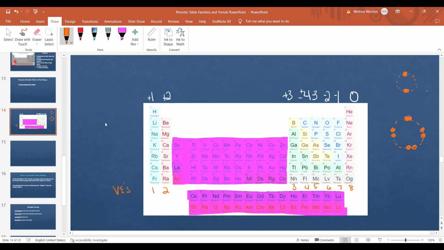And so when we see hydrogen, it only has 1 valence electron. So this is hydrogen, and what hydrogen can do is it can either gain 1 or lose 1.